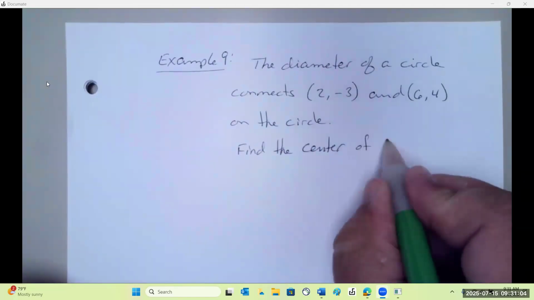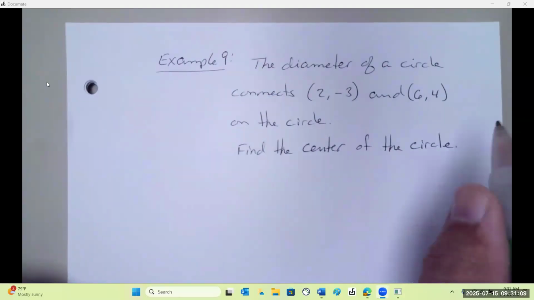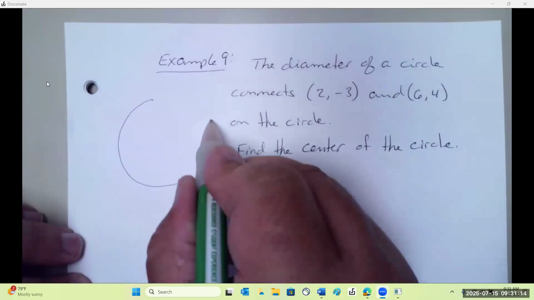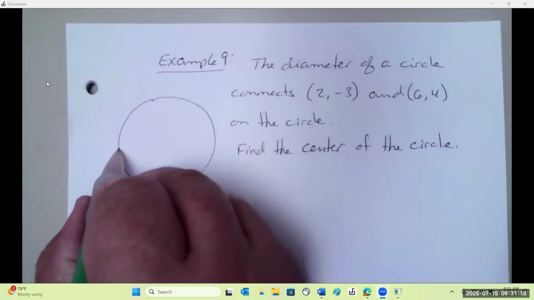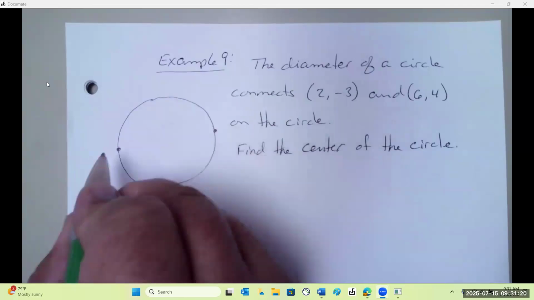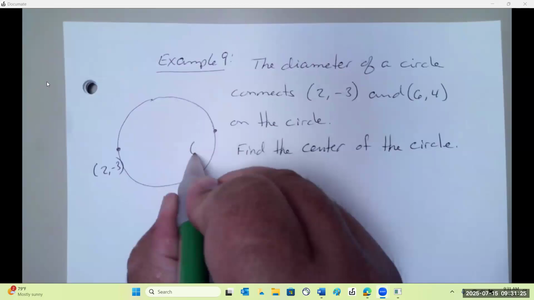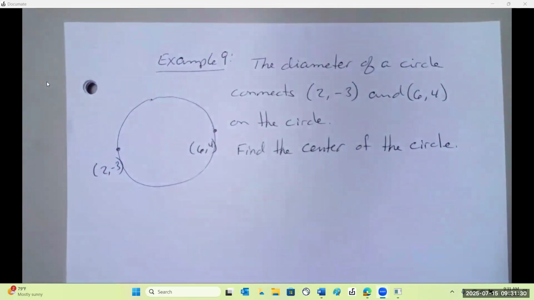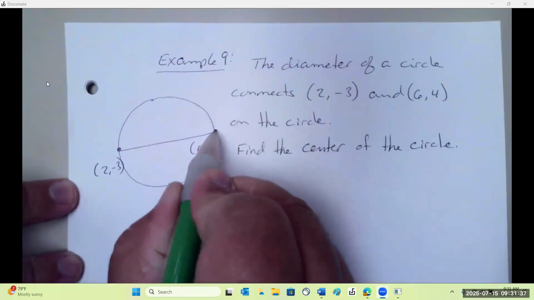Find the center of the circle. Again, draw your picture. We have 2 points that are on the circle. 2, -3, 6, 4. It's the diameter, so it goes all the way across.